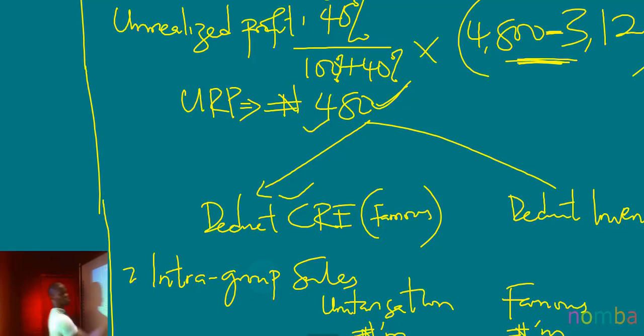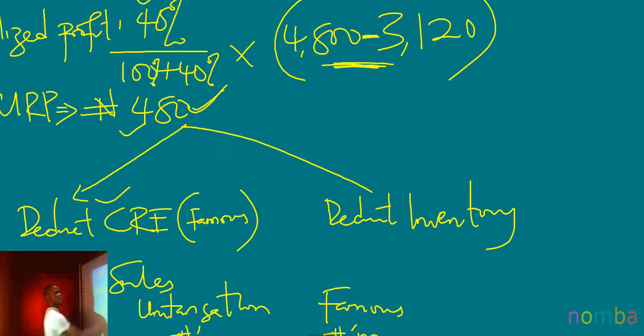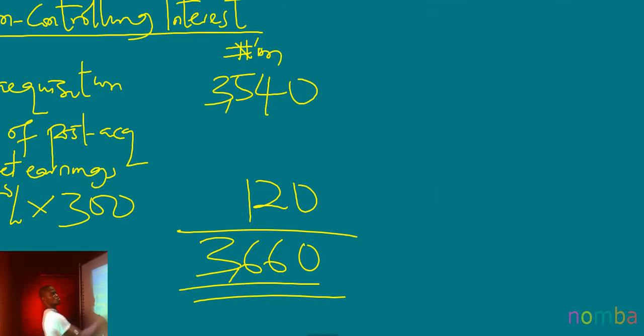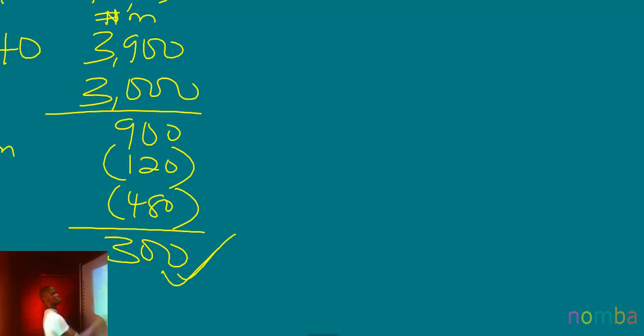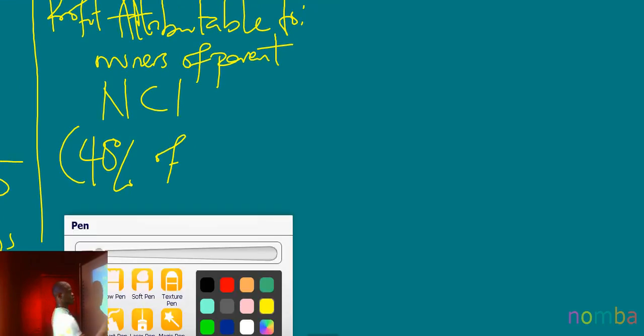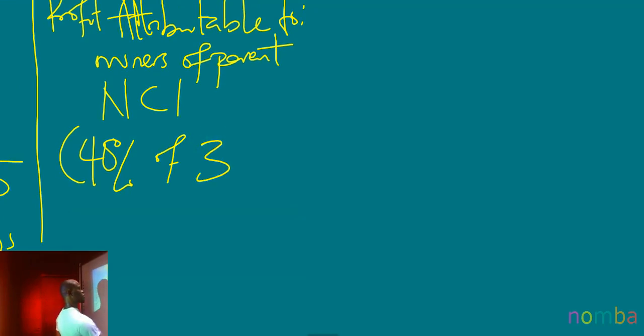So it is this 300 that NCI will take a portion from. So we're going to do 40% on 300. Is that okay? 40% of what? Of 300. So if we do 40% of 300, that gives me 120.